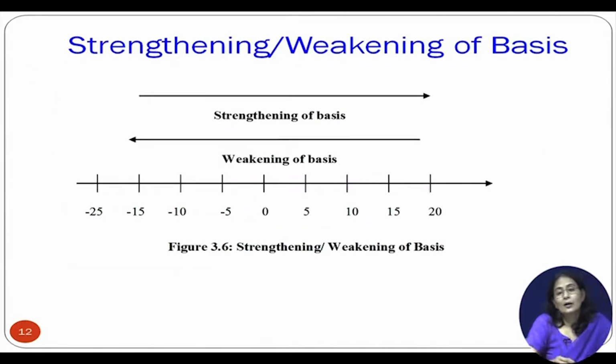Now in this context, let's understand what we mean by strengthening a basis or weakening a basis. As we discussed, for a contango market you will always have a negative basis. As time progresses, this negative basis can become more negative or less negative, or a positive basis can become more positive or less positive.